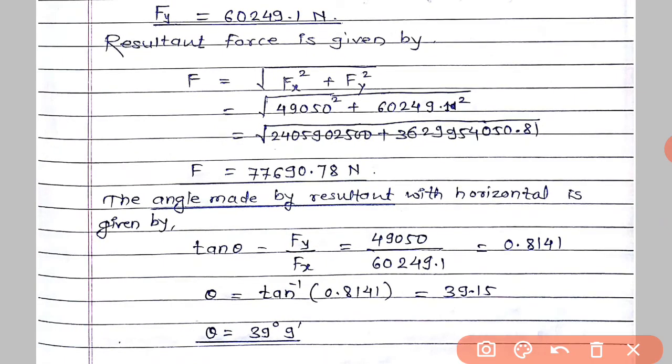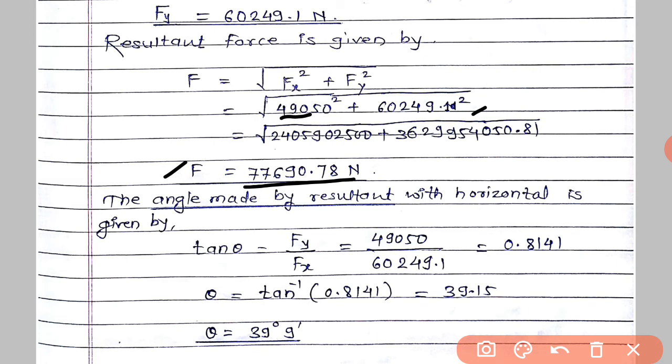So put the value of Fx as 49050 square plus the value of Fy as 60249.1, square it and take the square root. So the value of F comes as 77690.78 Newton.